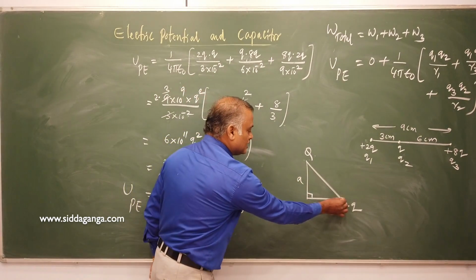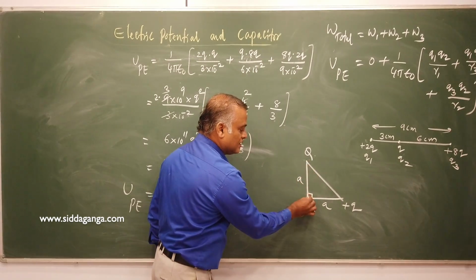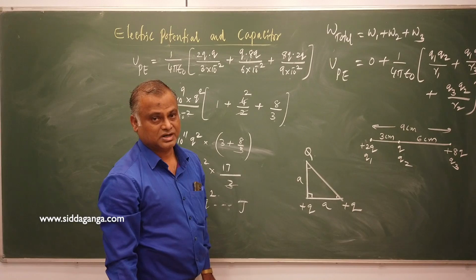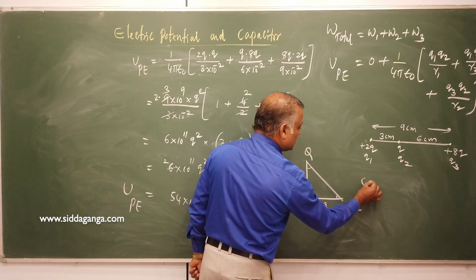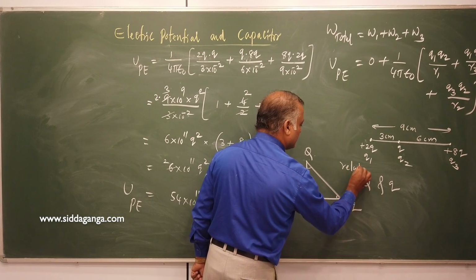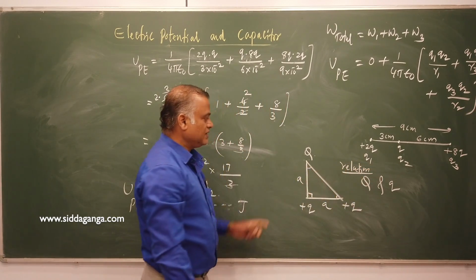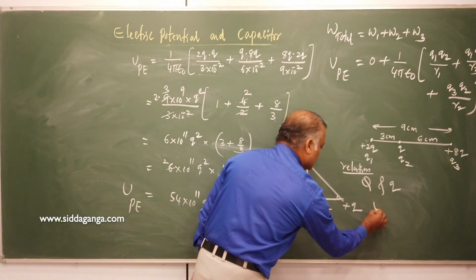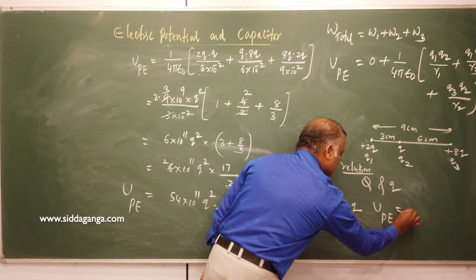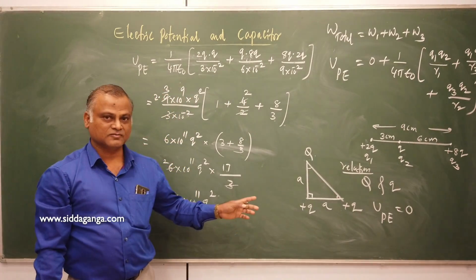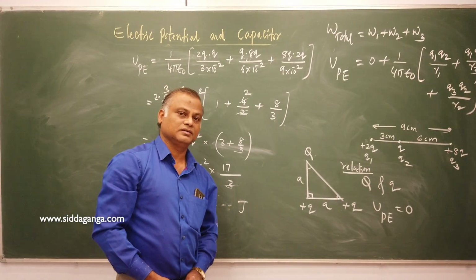Means these two sides are the same, the angle is 90, of course these two angles become 45. Question is, find the relation between Q and q such that the total potential energy of the system is 0. Just pause and solve it.